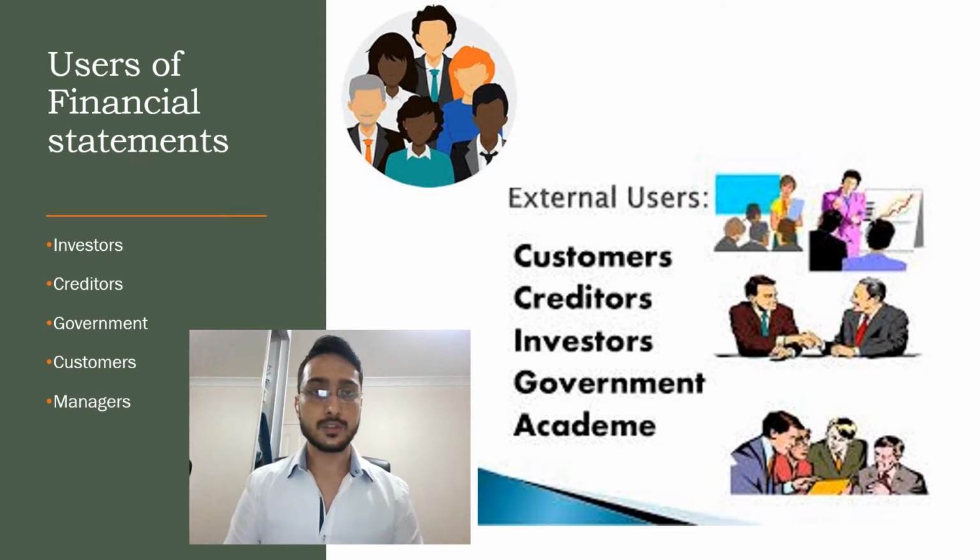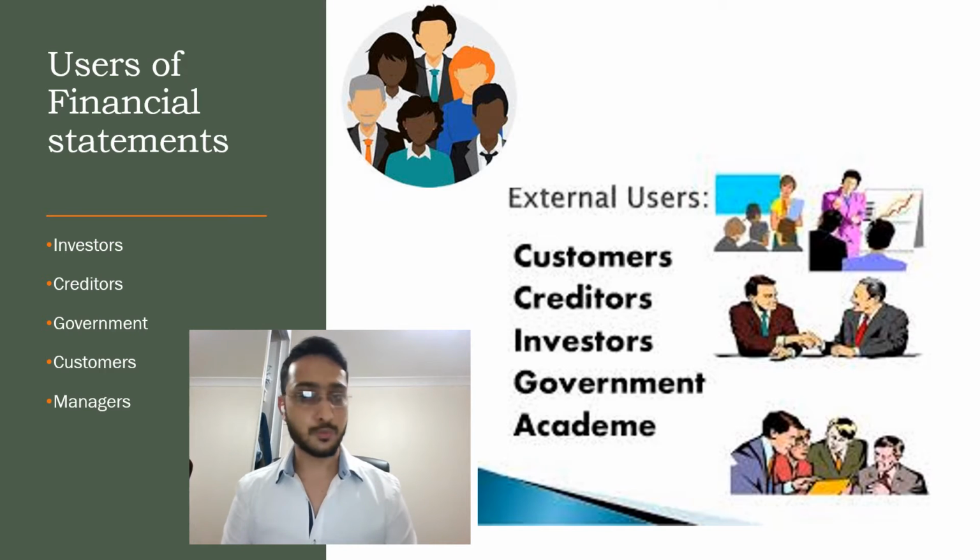So all of the investors, creditors and all of the users of financial statements are very important, and all the financial statements are made so that the users can look up and then invest into the market in future or in the present.